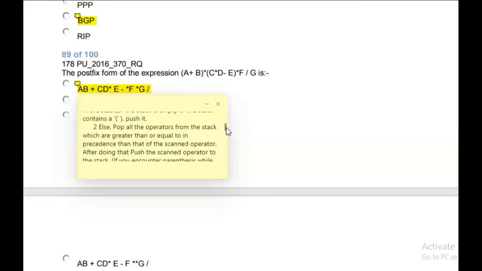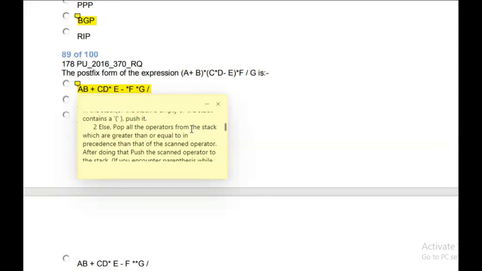So if we scan a multiplication, or we are going to push a multiplication operator into the stack, and the stack contains a raised-to operator, that is x raised to 2, then we pop the raised-to operator from the stack to the variable p, where we saved all our operands.